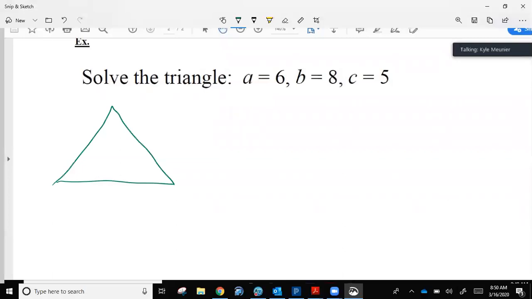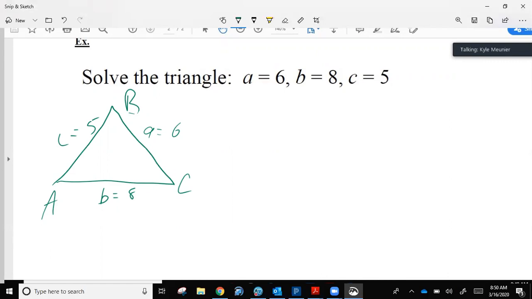So on example 2, we have triangle ABC, where they give us all three sides. Side A is 6, side B is 8, and side C is 5. With this setup, again, we cannot use Pythagorean theorem or SOHCAHTOA because this is not a right triangle.